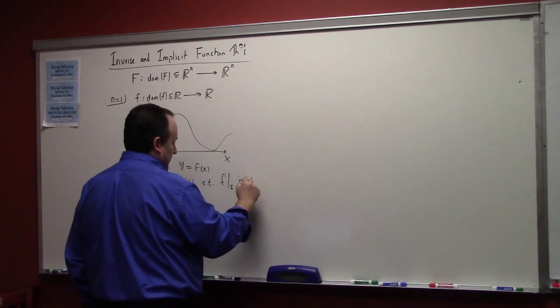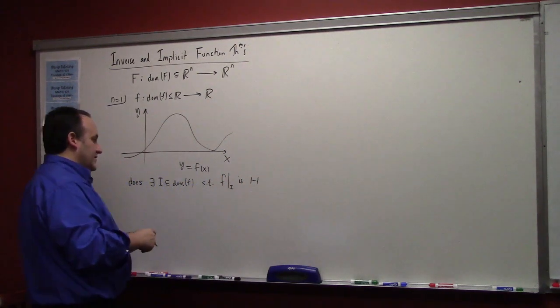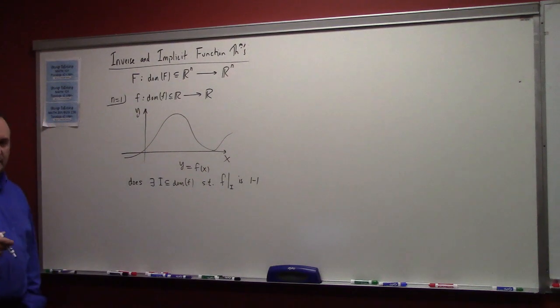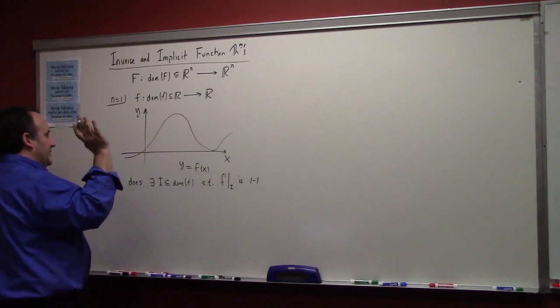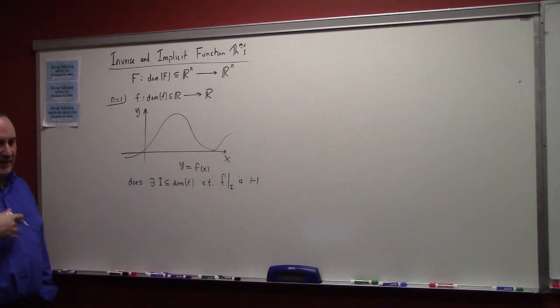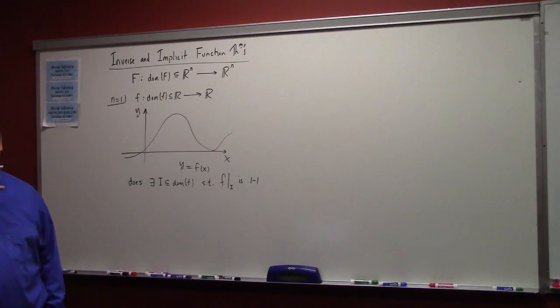And if it's 1 to 1, then we can define an inverse mapping for that, right? And then of course we can restrict the codomain to the range and have an honest to goodness bijection, if we want.